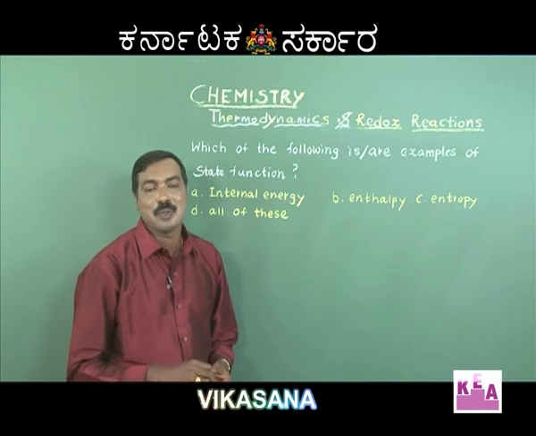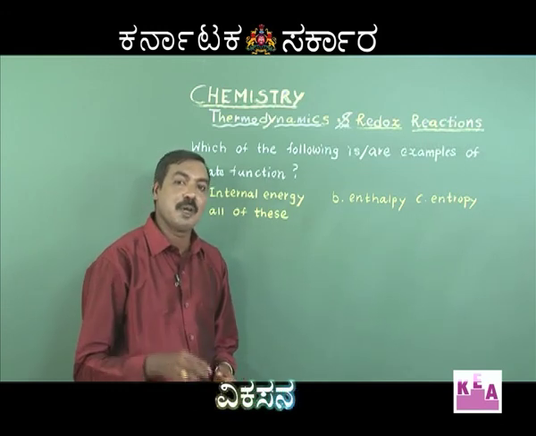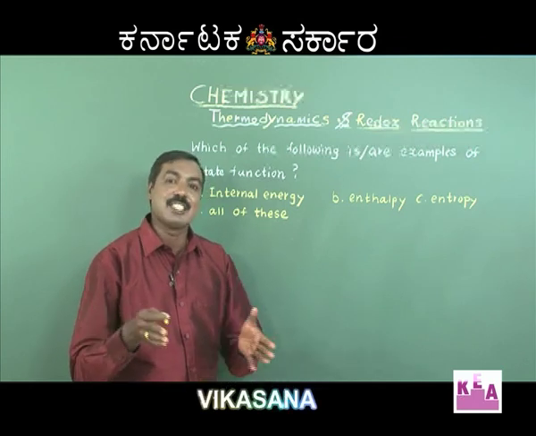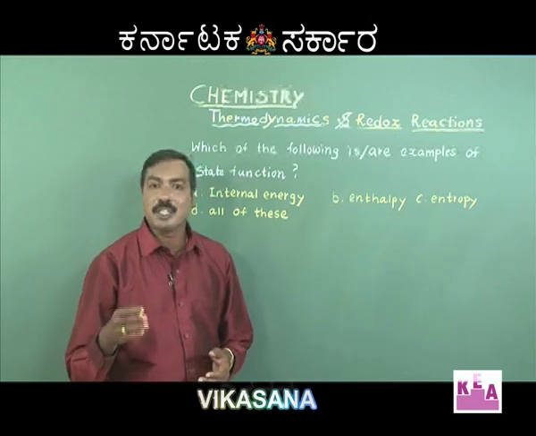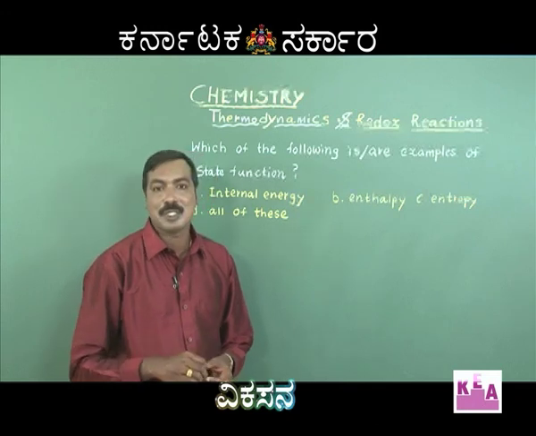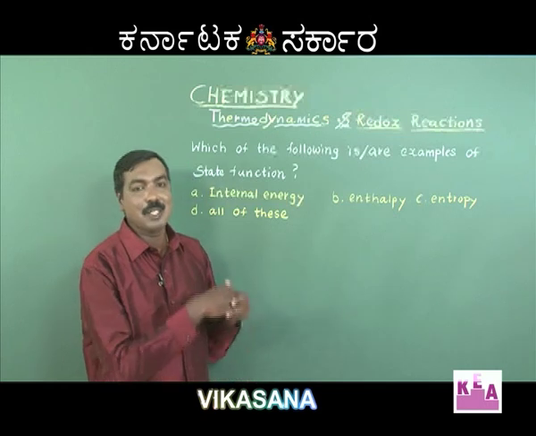Why is it so? The reason is that the volume of water in a pond is irrespective of how the water has reached the pond. It could be due to rain, it could be due to a tube well, or it could be from any other source. From the examples that I have mentioned, you have the answer, I suppose.